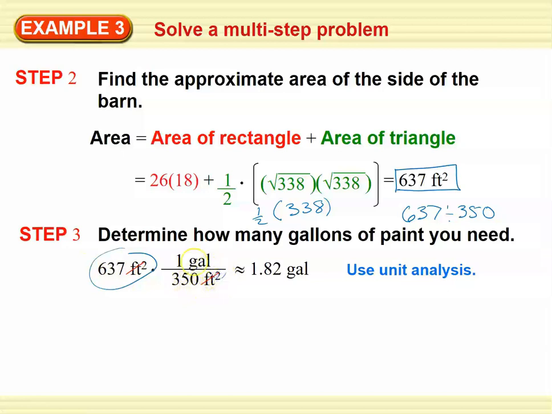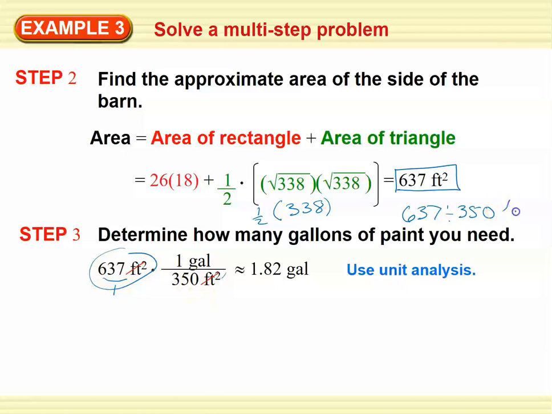You put the square feet on the bottom because you want the feet squared and the feet squared to cancel out. Then you put this over 1: 637 times 1, and 1 times 350. You get 637 over 350. Divide them, and that leaves you with your number of gallons.